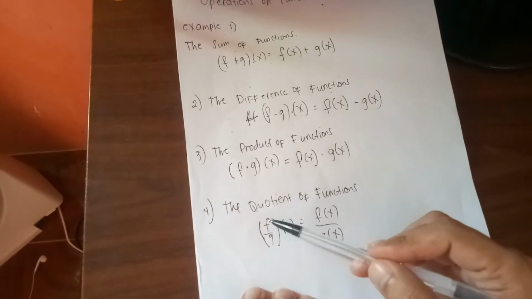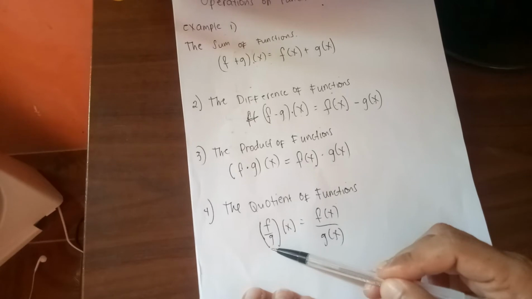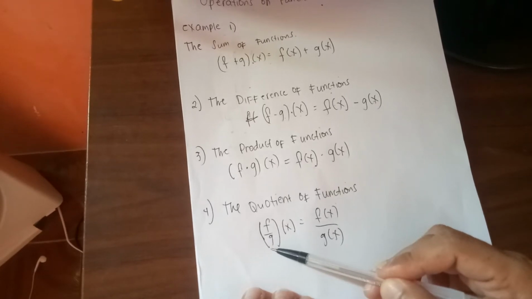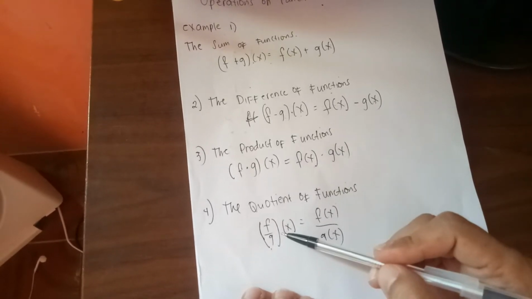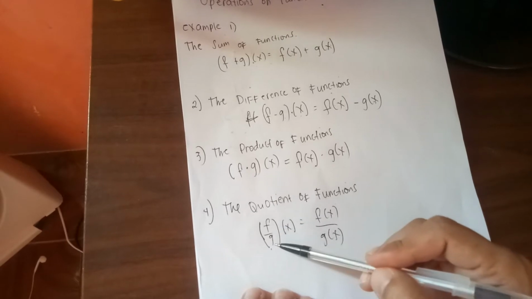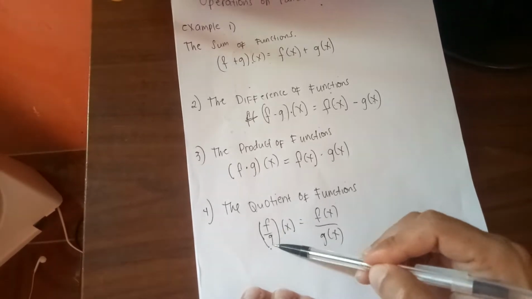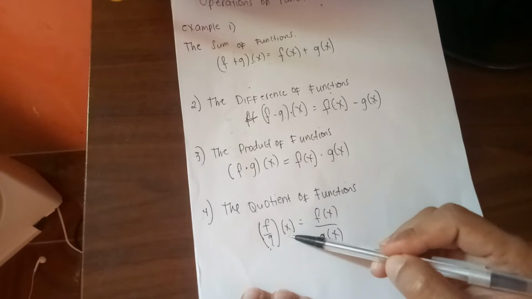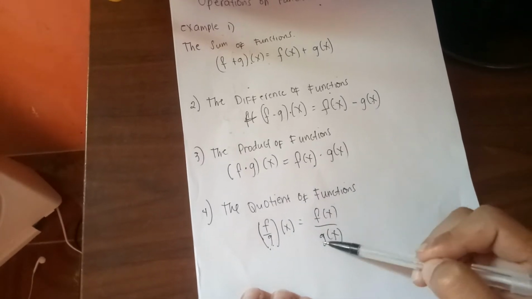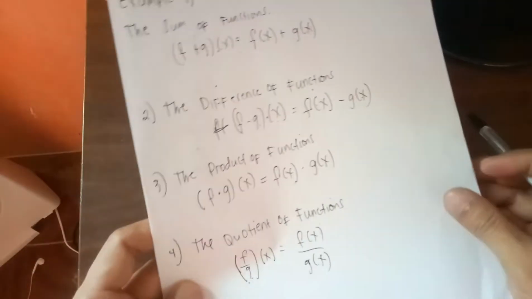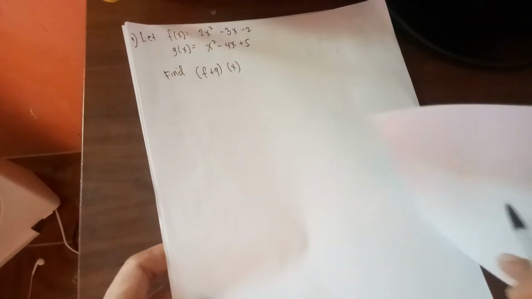If f and g are functions, then their quotient is the function defined as f over g of x is equal to f of x over g of x. Okay, so to further understand, let us have example number 1.